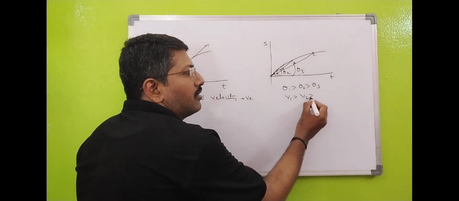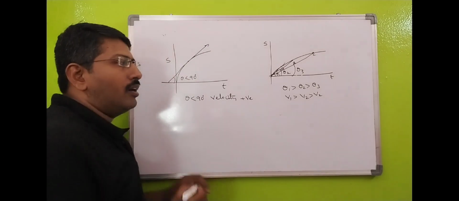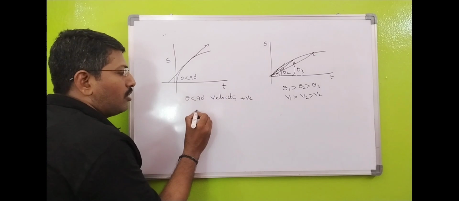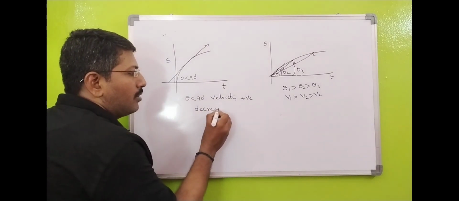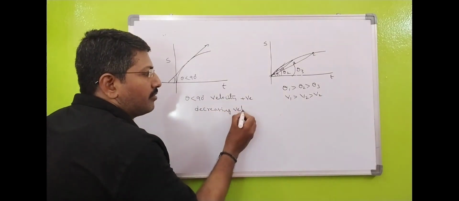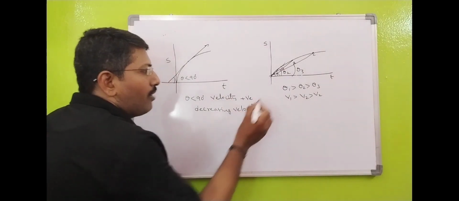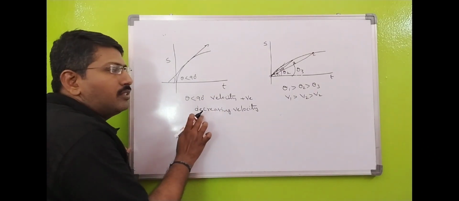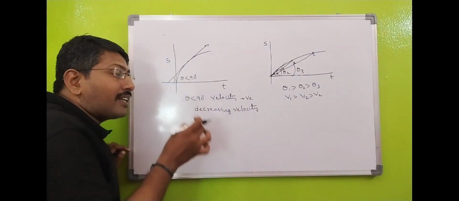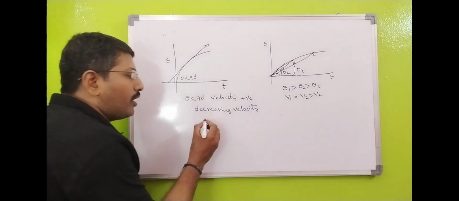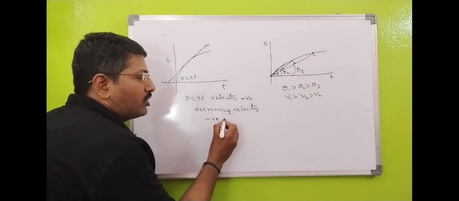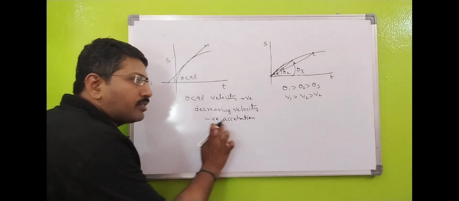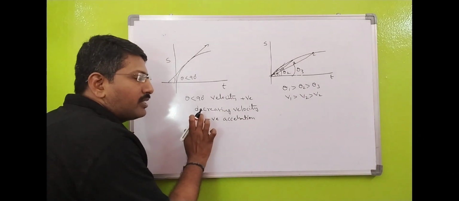This type of velocity we call a decreasing function, decreasing velocity. If you observe, velocity is positive and this value decreases. That type of acceleration we call negative acceleration. Because of this negative acceleration, the velocity gradually decreases.